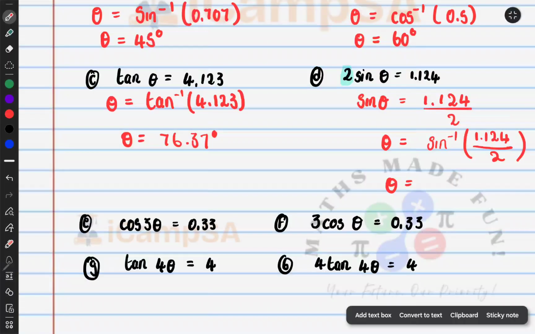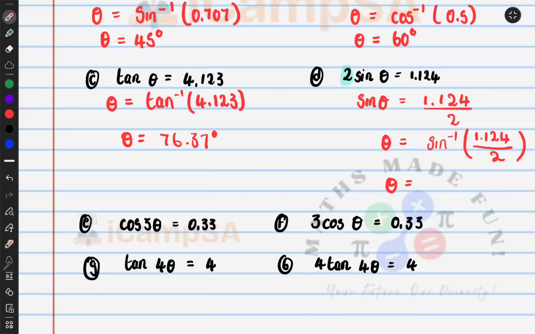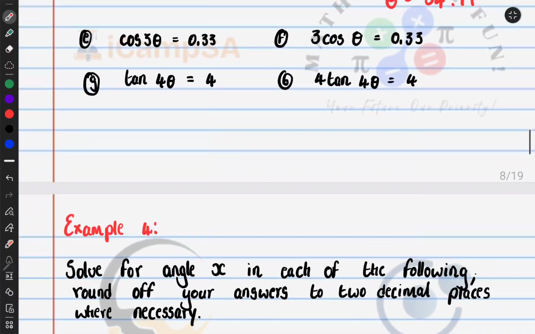So we have sine inverse 1.124 over 2, close brackets. The value of this theta is 34.19 degrees.